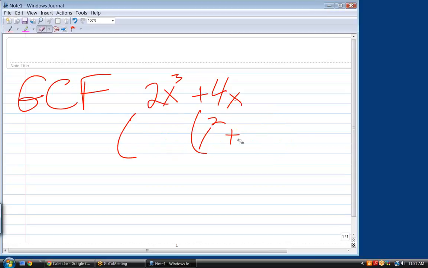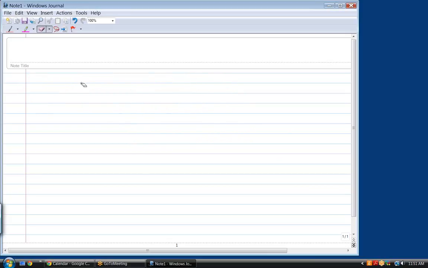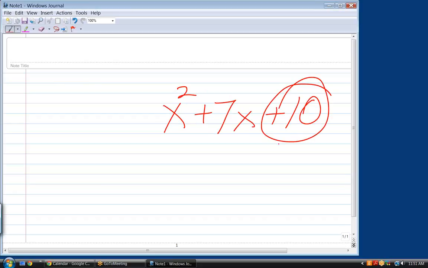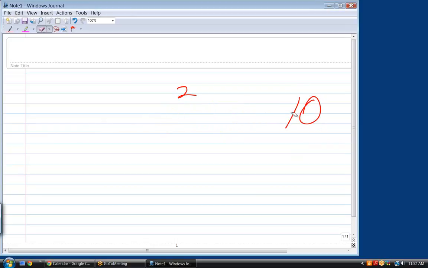When we step up to the next level that we've been working on, where you're factoring a standard quadratic expression like this, where you have a constant. In other words, the moment you get beyond being able to take out a greatest common factor, you're at this second type.